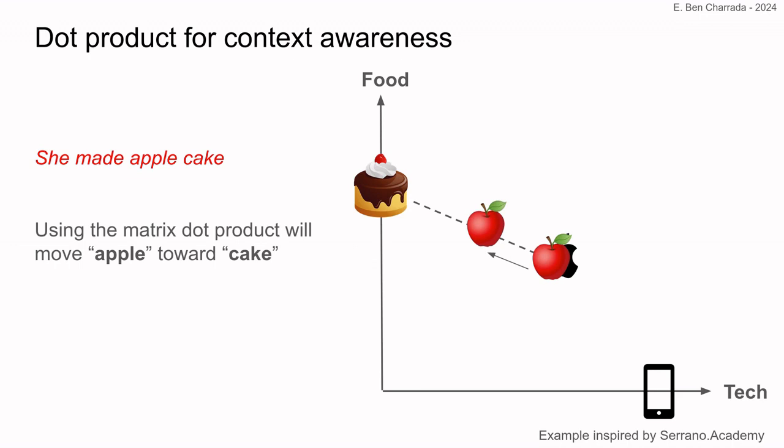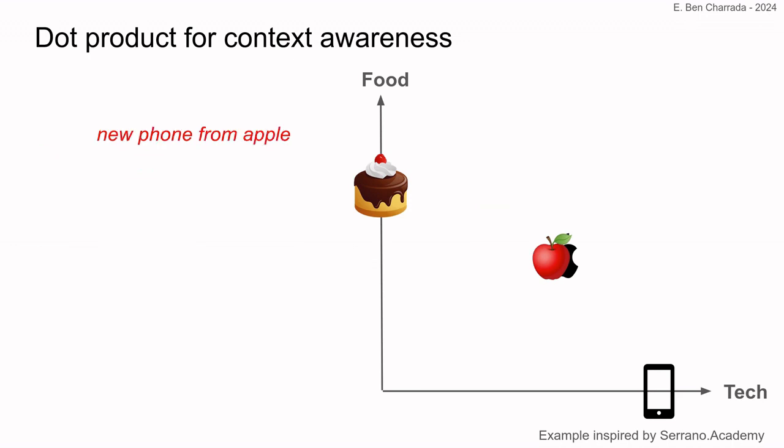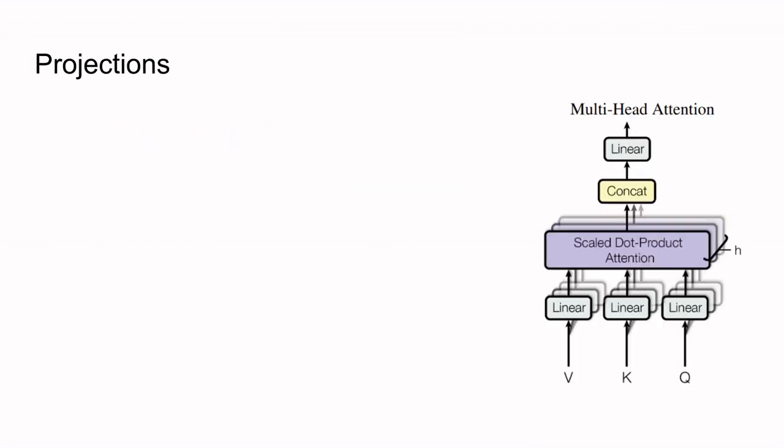Also cake will be attracted by apple. But if I have the sentence "new phone from apple", then phone will attract apple to itself. And from this, attention will give us the context. With this, we can understand the context of the word, or the word in its context.